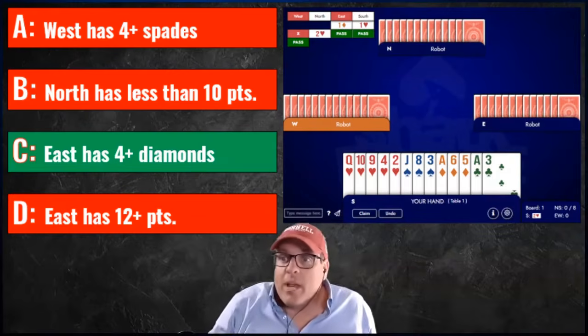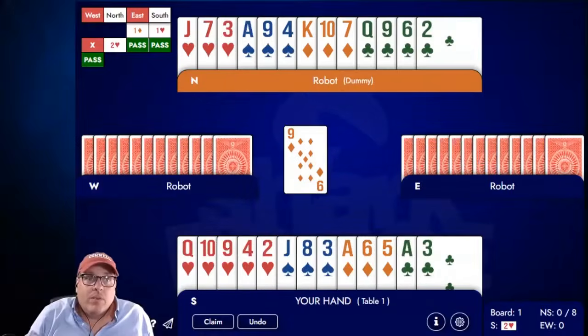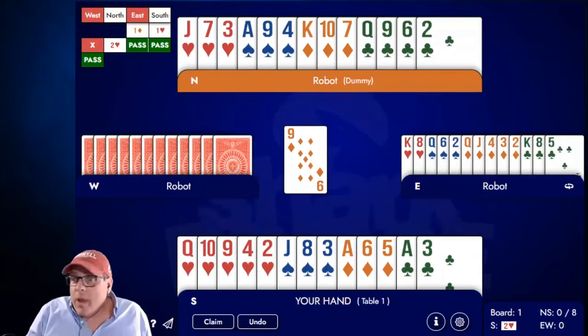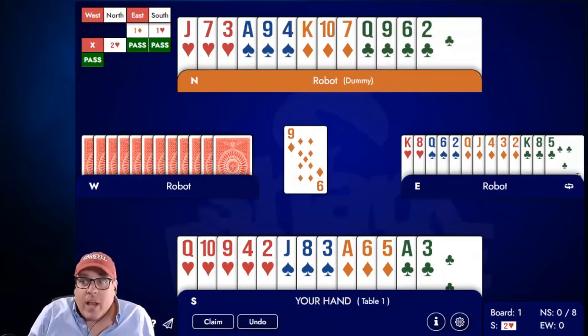And let's go back to our table and let's fill you in on one other hand here. Take a look. Count those points. And this is weird. What I will tell you is you don't have to open this hand. I probably would tend not to open this hand usually, especially in first seat vulnerable.